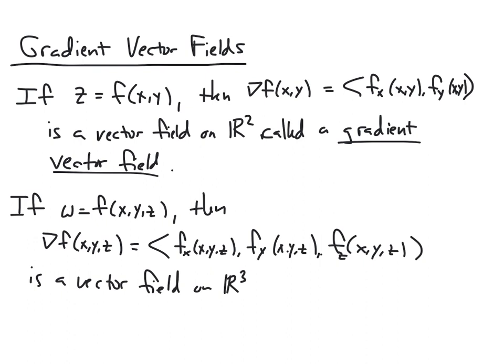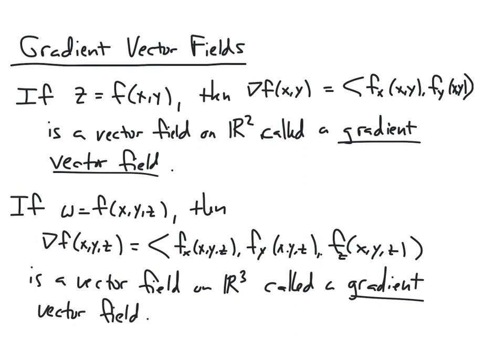And again, it's called a gradient vector field. So each three-variable function f gives a vector field on R3.